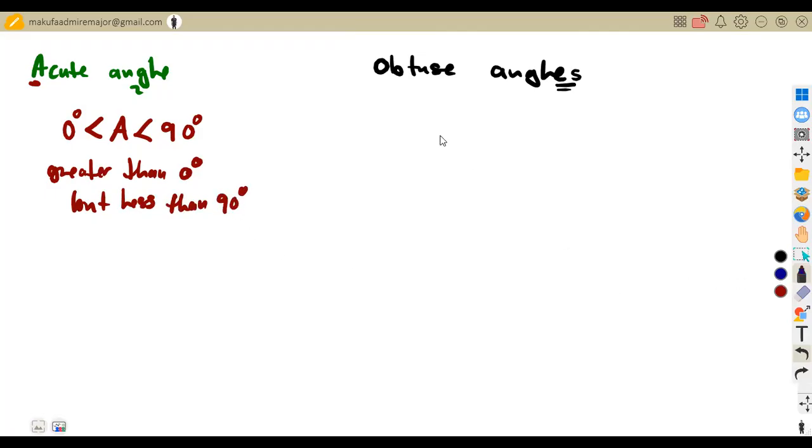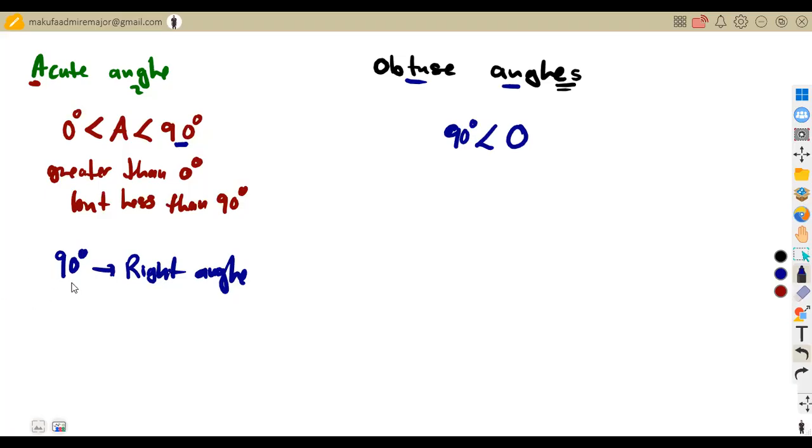All right, we talk about the obtuse angle now, which I can refer to as O. So O, representing the obtuse angle, is an angle that must be greater than 90 degrees. Remember, at 90 degrees we are referring to a right angle. So it must not be equal to 90.